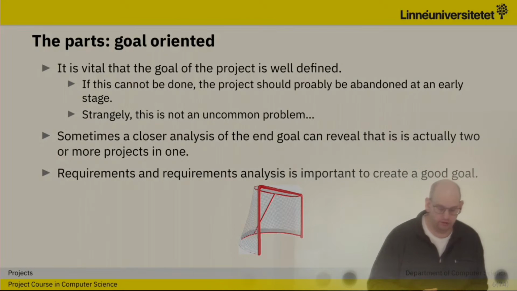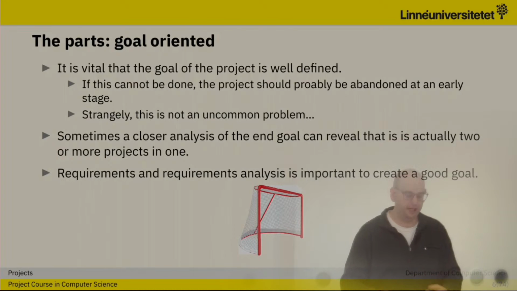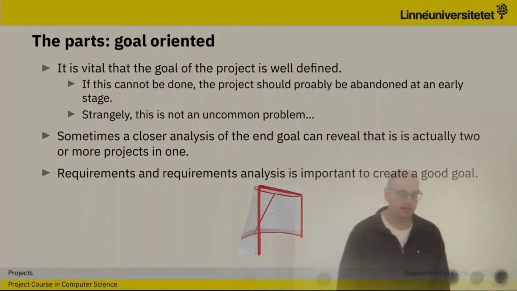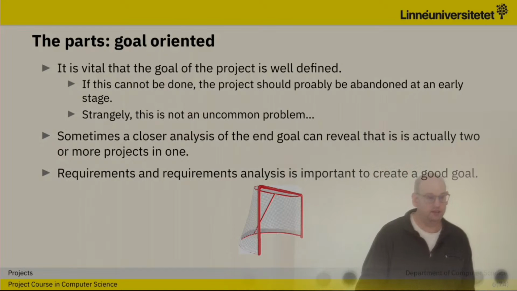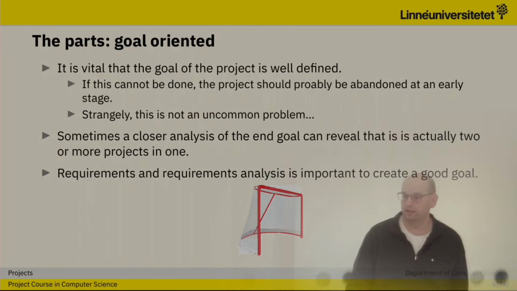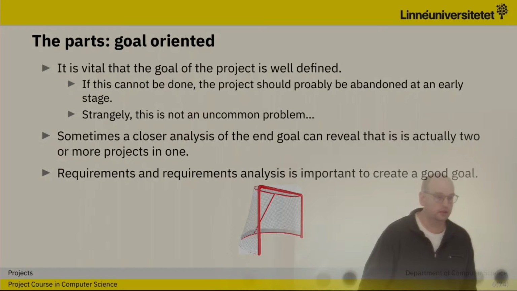If we cannot find ourselves with an image of the end result, then maybe this project should be abandoned at an early stage. And this, however simple it seems, is not that uncommon of a problem. That we have a vague idea of what we want, but we need to be a bit more goal-oriented than that.